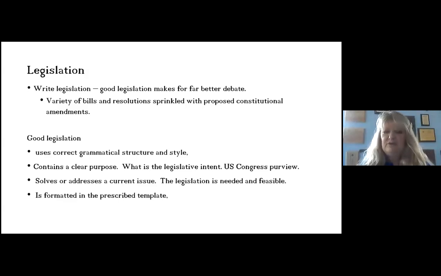And even though the legislation isn't going to be immediate, as far as they'll be debating this for a while, that's even more of a reason to make sure that when you write it, it is super relevant and super recent.